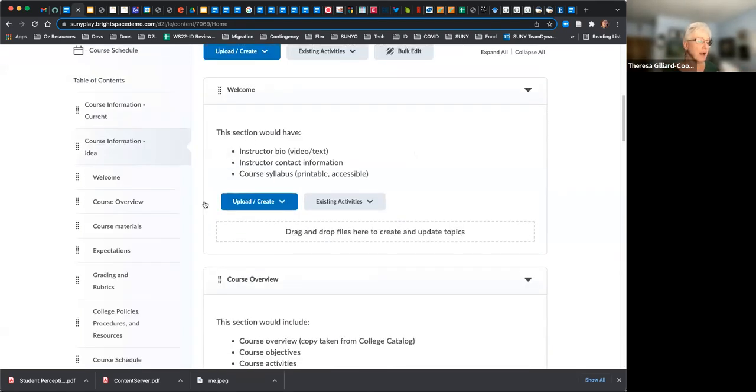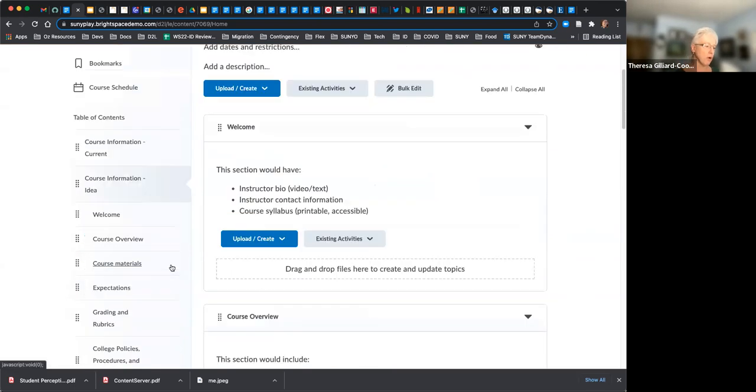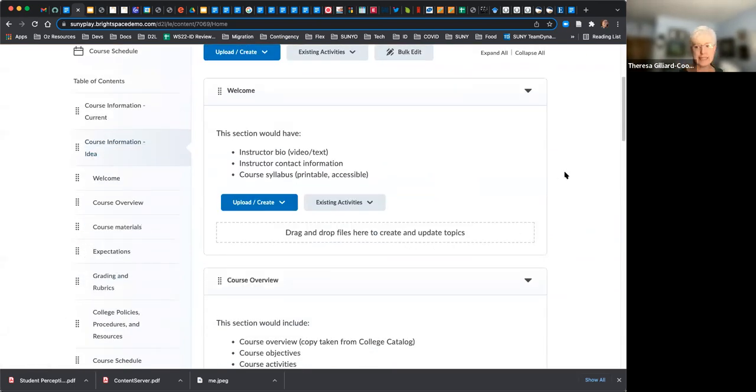So again, it's still all the same stuff. It's just a little bit more condensed, and it was just an idea. But I think it's important that we can call it different stuff. We don't have to use the same terminology we've been using.